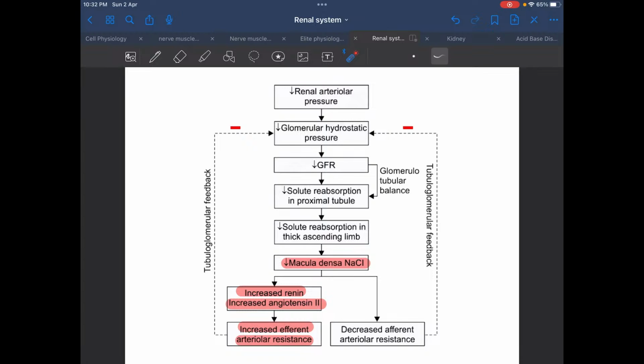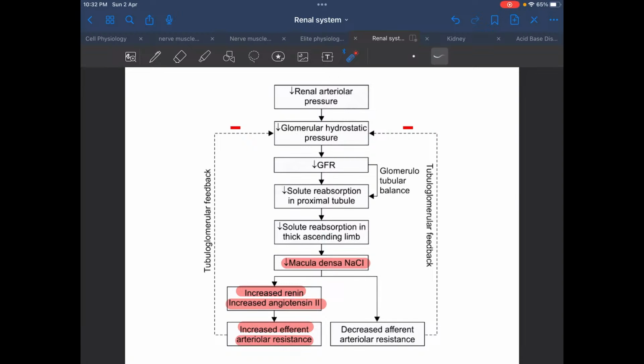If there is a decrease in sodium chloride levels in the tubular lumen at the macula densa, there is decreased sodium reabsorption through the macula densa. And we all know that sodium reabsorption in many parts of our body, especially the kidney and the GIT, works by secondary active transport. Whenever there is reabsorption of sodium by the macula densa cell, there is the use of the sodium potassium ATPase, with 3 sodium and 2 potassium, generating the concentration gradient against which the sodium can move inside.